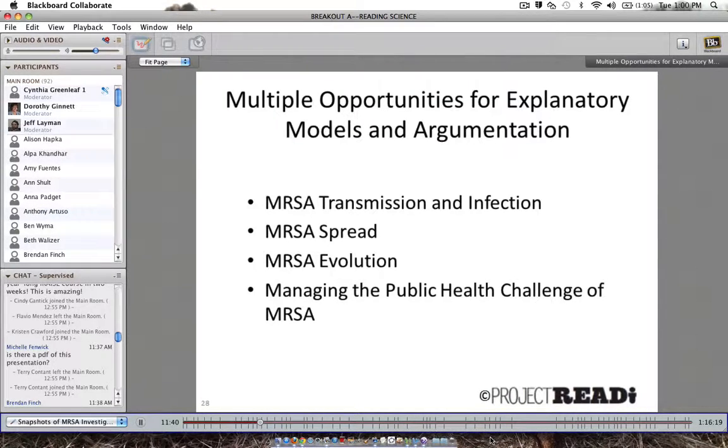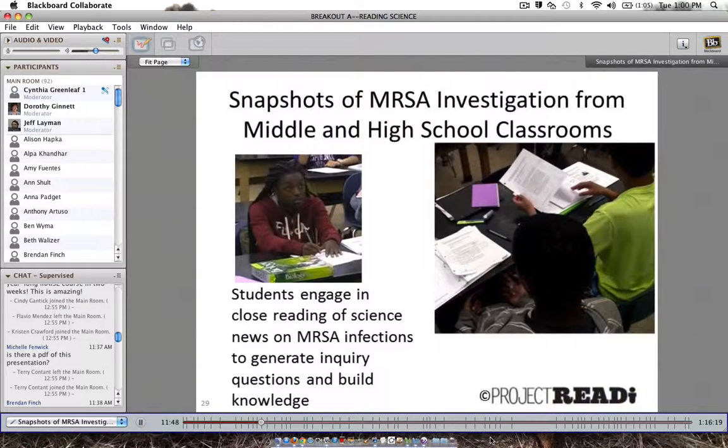They have multiple opportunities to develop their understanding and practice of explanation and argumentation linked to each of these aspects of study. Reading text, group and class discussion, construction and critique of science explanatory models or science recommendations. These are all a part of the instruction.